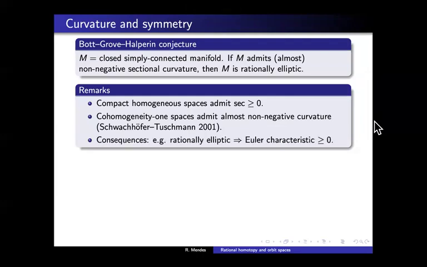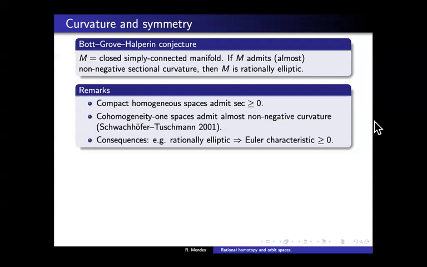In terms of consequences, what kind of consequences would this conjecture have if it were true? Well, being rationally elliptic has a lot of consequences. I'll just give one example: rationally elliptic spaces always have non-negative Euler characteristic.